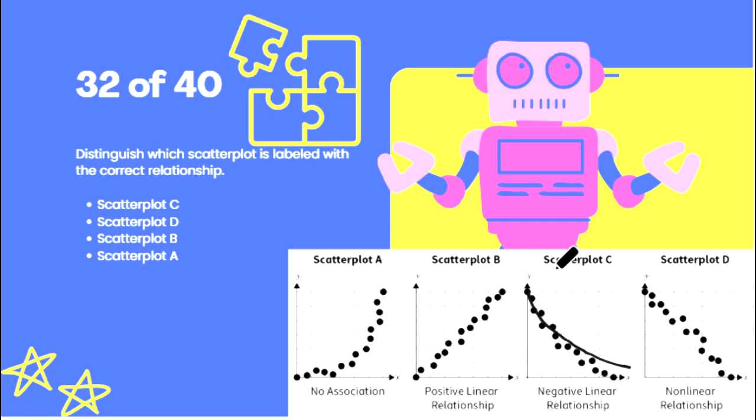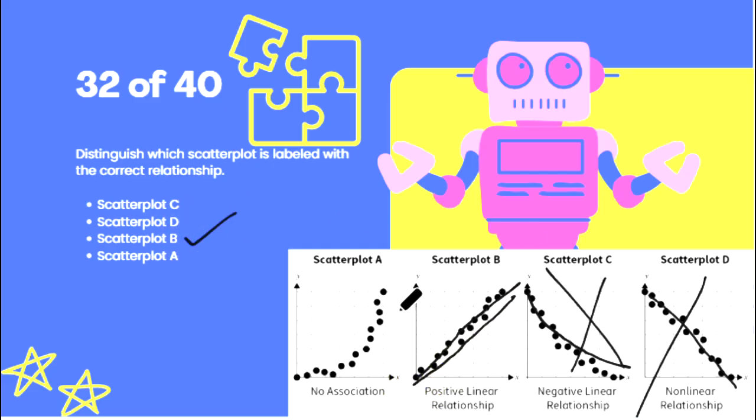It's curved. So this is not correct. Scatter plot D says non-linear relationship. You can draw a straight line through that. That's not correct. B says positive linear relationship. I can draw a straight line through that. That one checks. And scatter plot A, it has a curved line, so that's no association. So that one could also be correct.